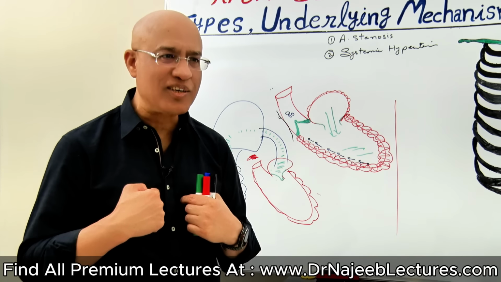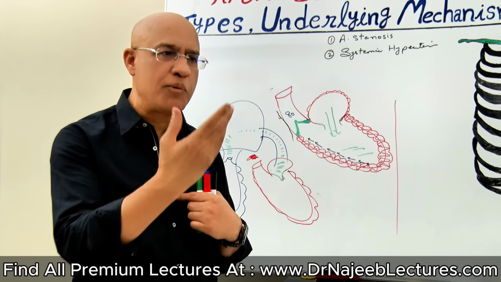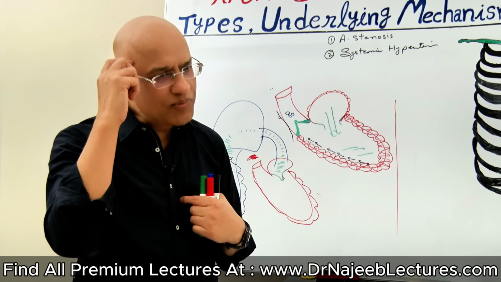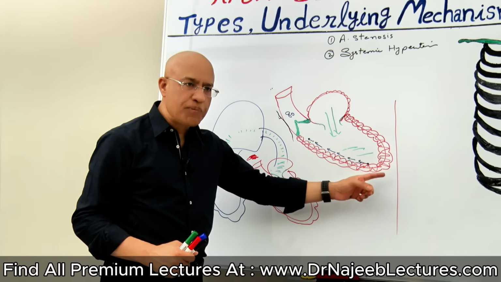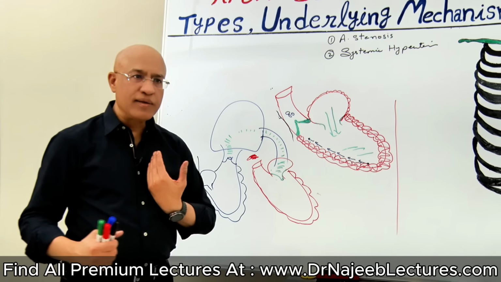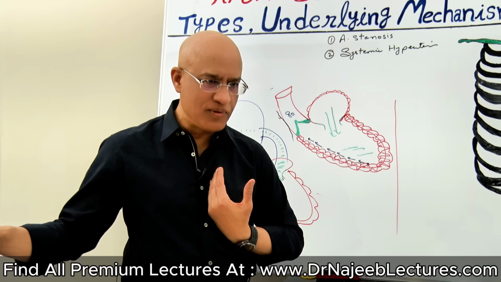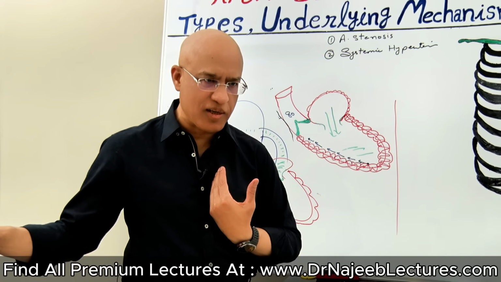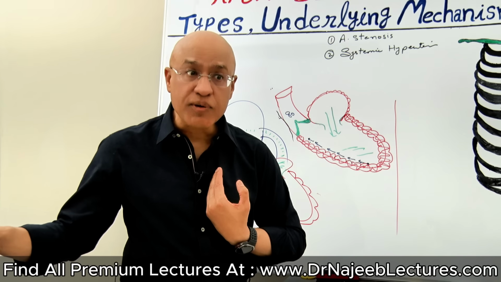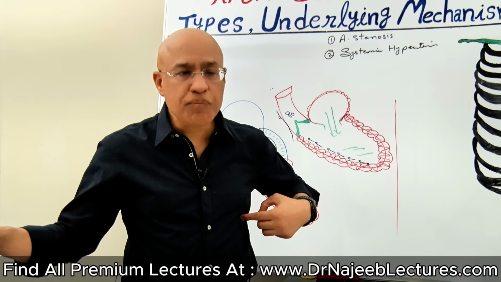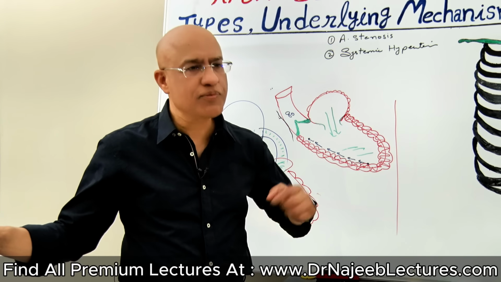Don't call it a right sternal heave. It is on the left side of the sternum, but under it the heave is being produced by the hypertrophic right ventricle. So don't confuse a heaving apex beat with a right parasternal heave. No, this is a left parasternal heave. This parasternal heave is due to right ventricular hypertrophy, but a heaving apex beat is due to pressure overload or hypertrophy of the left ventricle.